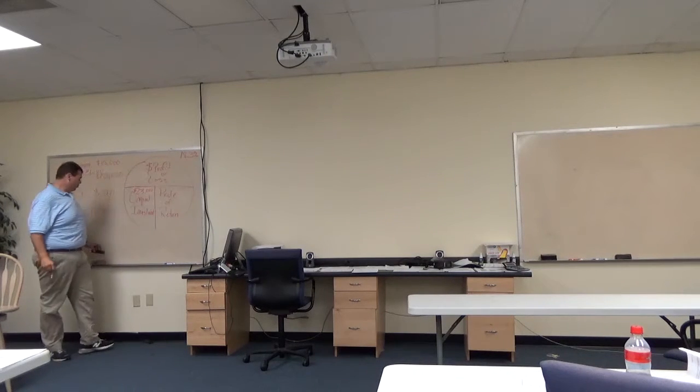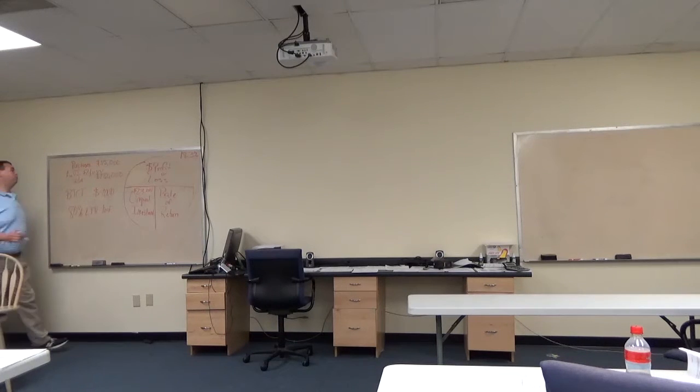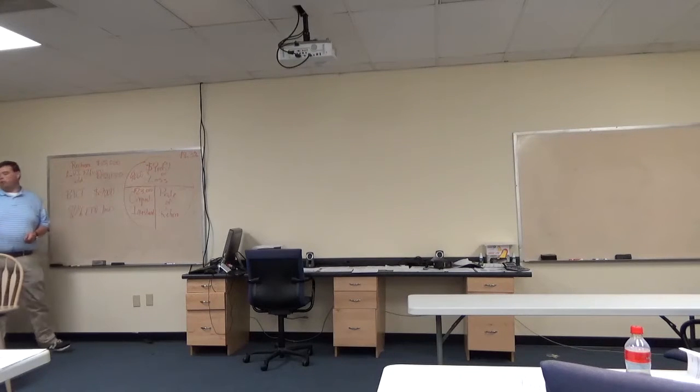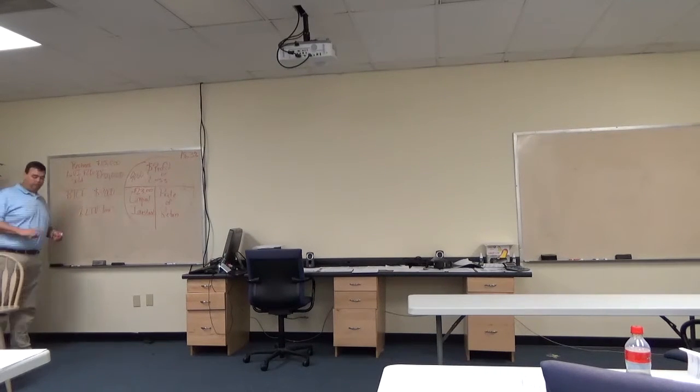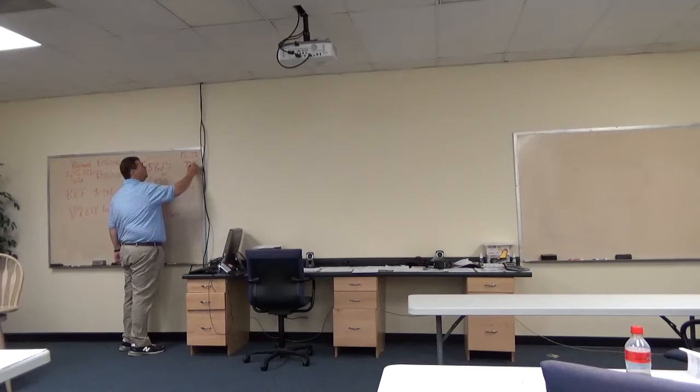And what's our profit or loss for the year if we have a loan? 9,000. So 9,000 divided by 23,000 is a 39.1% return.